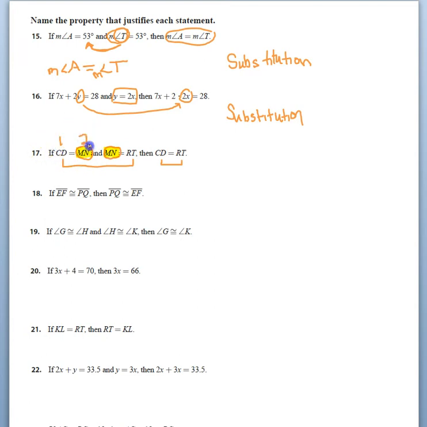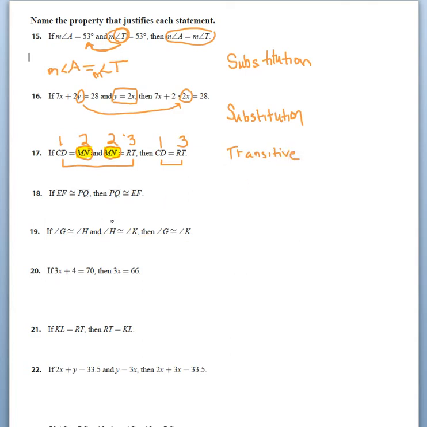Let's do numbers. Then you'll have the same thing repeating, second is equal to the third. And then the first and the third things must be equal to each other. So that's the order. The MN repeats. It's at the end of the first statement and the beginning of the second statement. So it's very similar to substitution. Same idea, but the order is where the transitive property comes in.